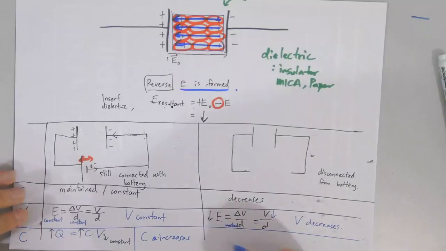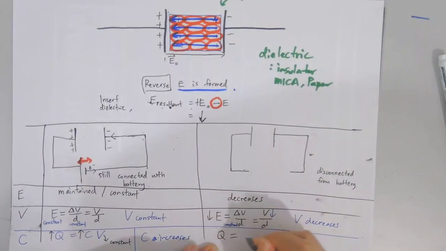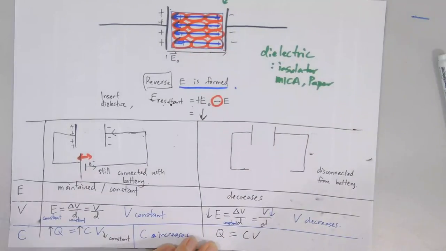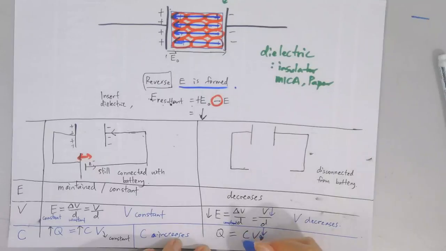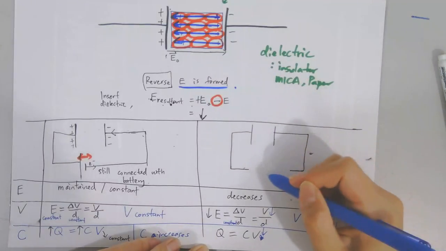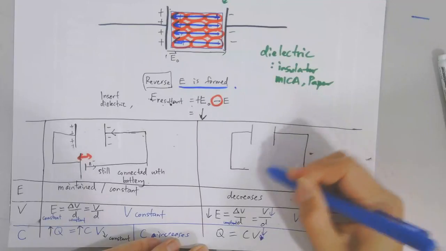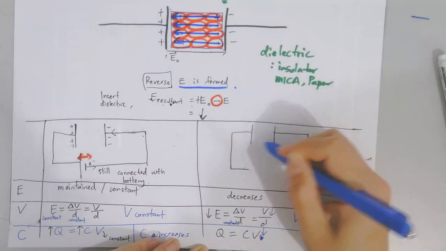And finally, what happened to the capacitance? Sama juga kita akan guna equation Q equals CV. But in this case, you kena berhati-hati, V sekarang decreases. Saya nak tahu apa yang berlaku kepada capacitance, so I should know what happened to Q. So is it in this case more electron? Adakah electron dari bateri boleh sampai di sini untuk mengekalkan medan elektrik?